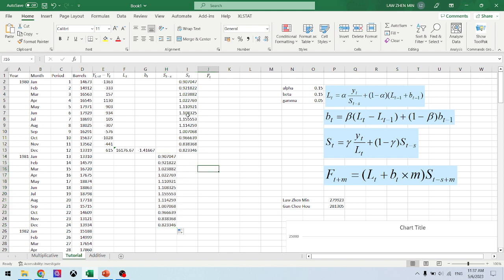Okay, so now we already have our initial values, and now we need to use this formula to find our forecasting value.